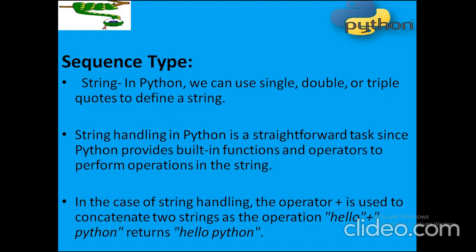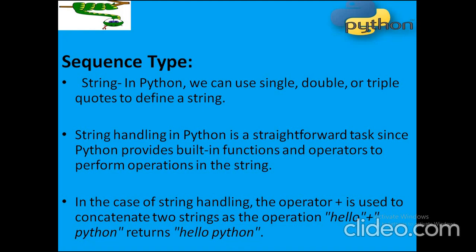The second data type is the sequence type. In this we have string. The sequence data type includes strings. In Python we can use a single quote, double quote or triple quote to define a string.